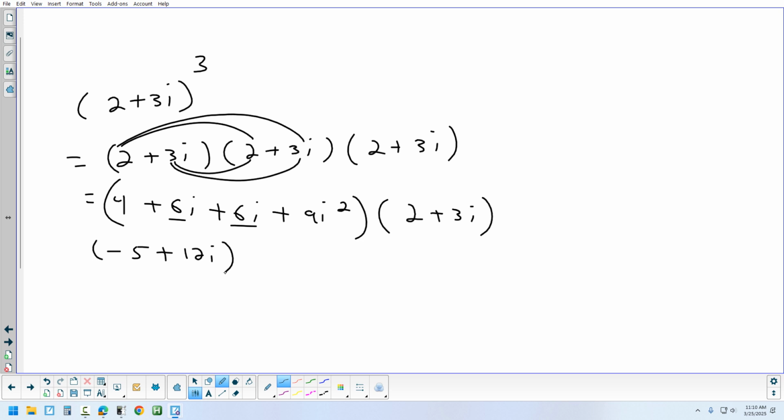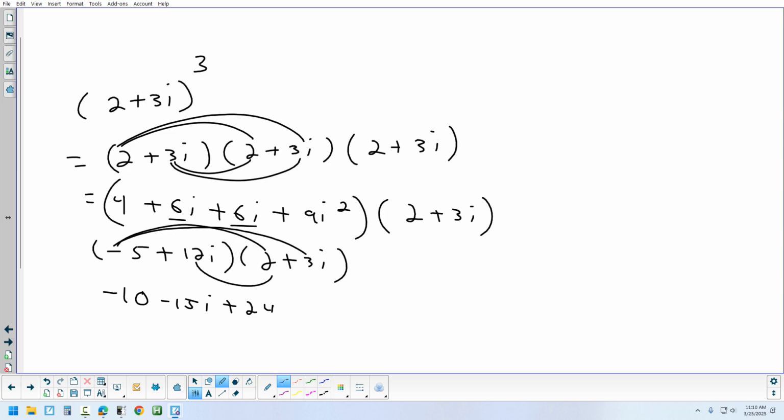So I've got to multiply one more time. -5 times 2 is -10. -5 times 3i. 12i times 2, and 12i times 3i, that's 36i squared.